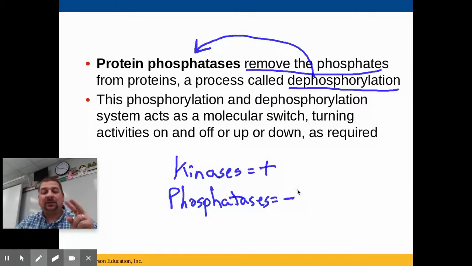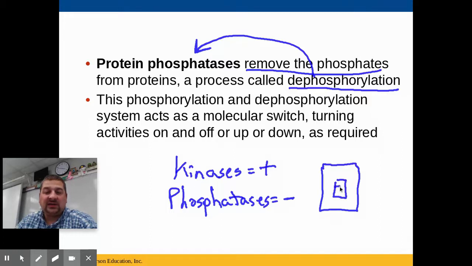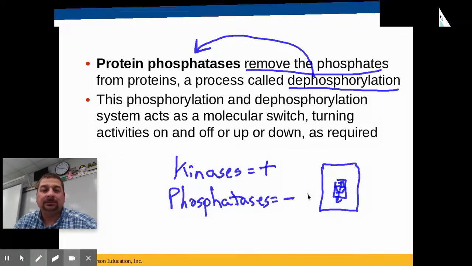This phosphorylation and dephosphorylation acts kind of like a light switch: you can flip it on, you can flip it off. So if you add a phosphate or take a phosphate off, it's going to activate or deactivate that particular protein that's part of the transduction pathway.